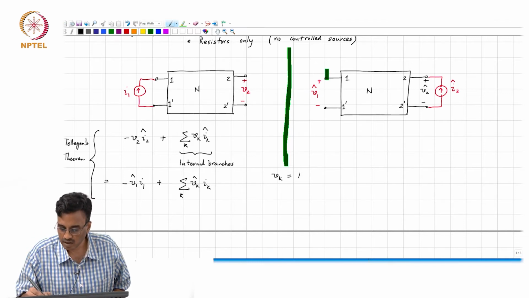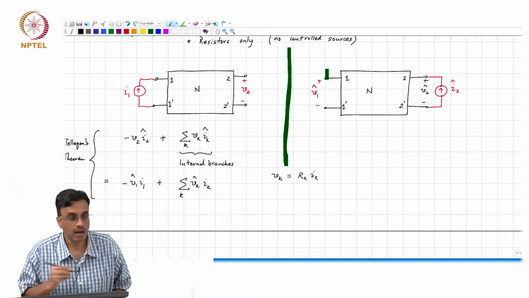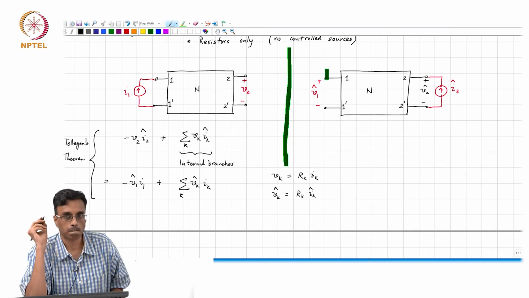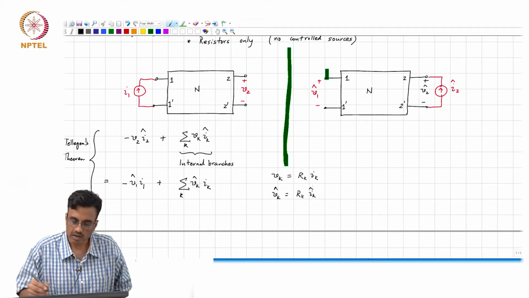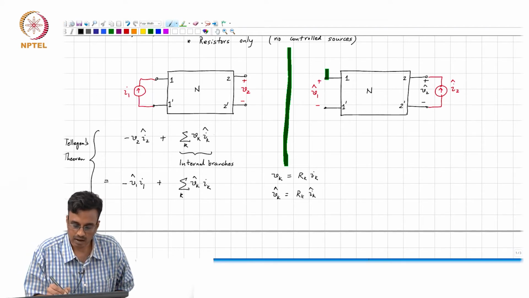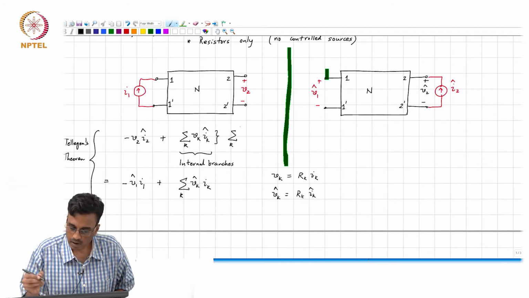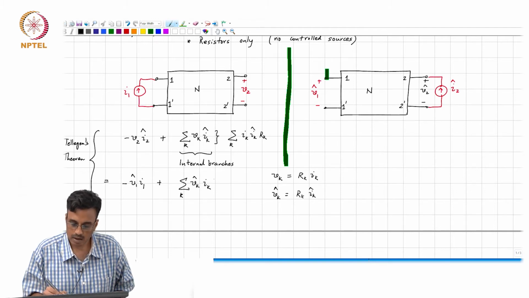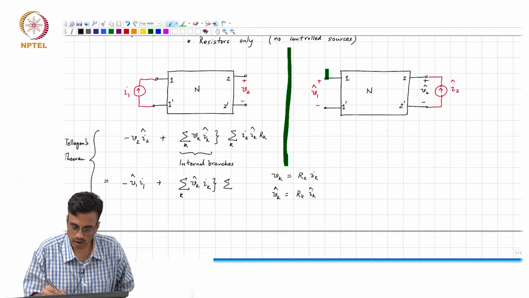It is simply Vk equals Rk times Ik, and likewise Vk hat is Rk times Ik hat. So this part will become the sum over all branches inside of Ik hat times Rk, and this will also become the sum over all k of Ik hat times Rk.